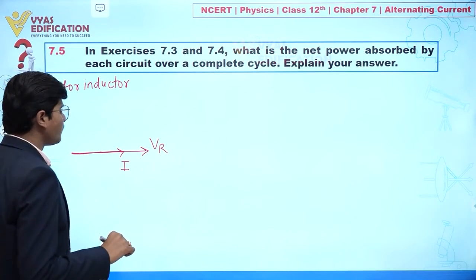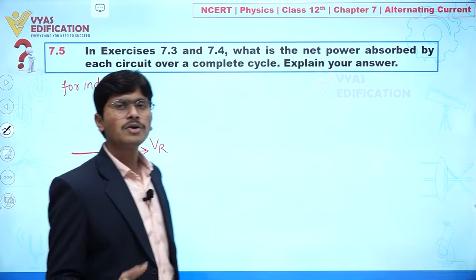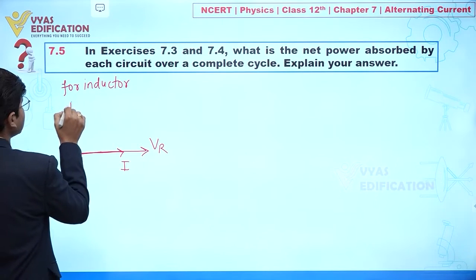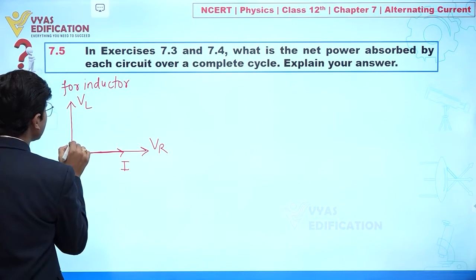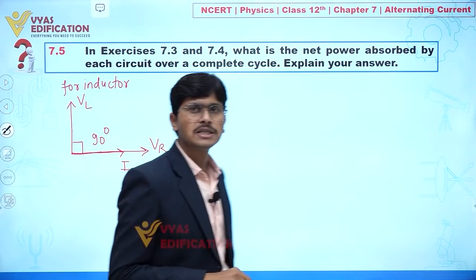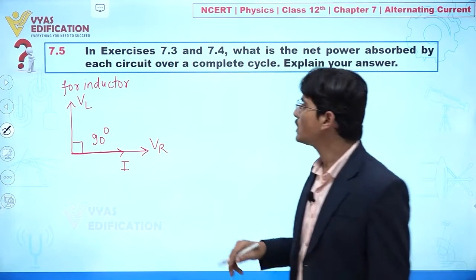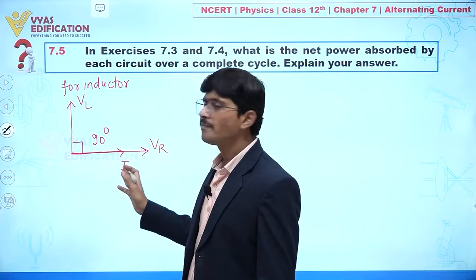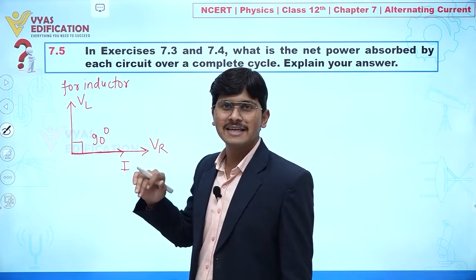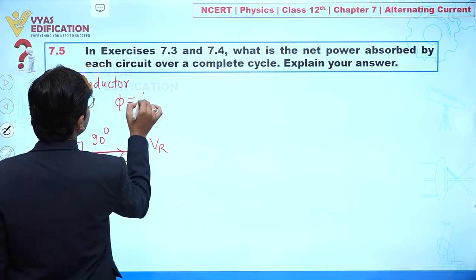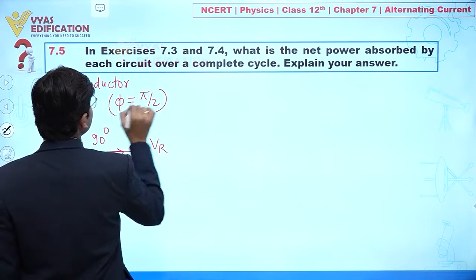So if we are talking about an inductive circuit, we have voltage in this direction. And you can see the phase difference between current and voltage is 90 degree. For an inductive circuit, current is lagging behind by 90 degree. So the phase difference between them is pi by 2.